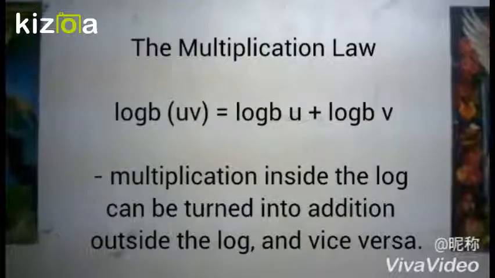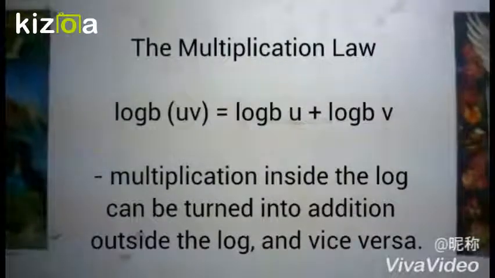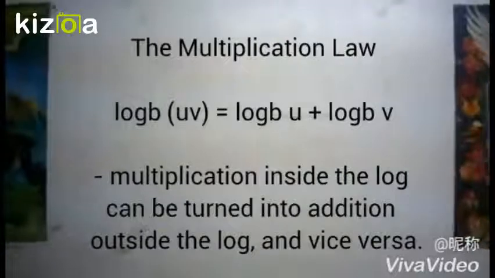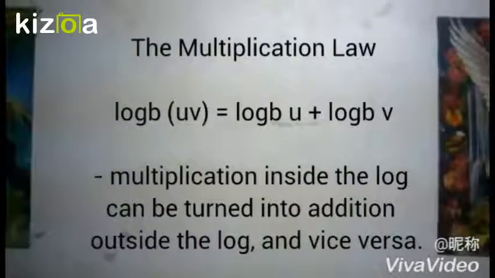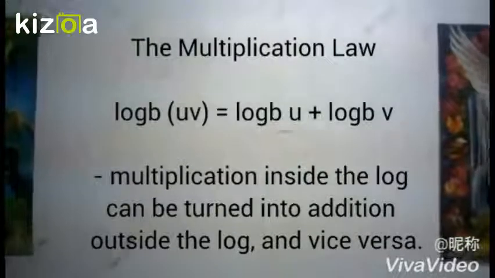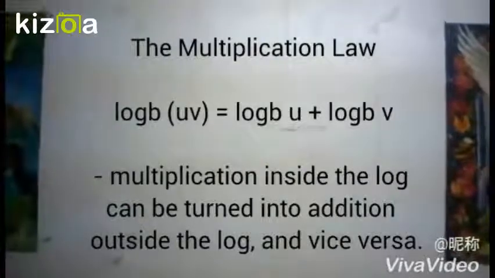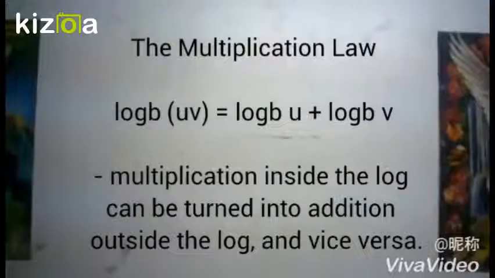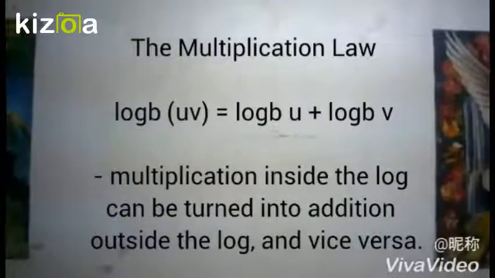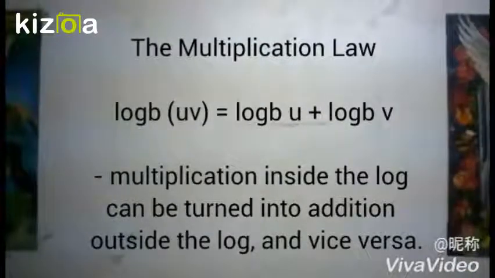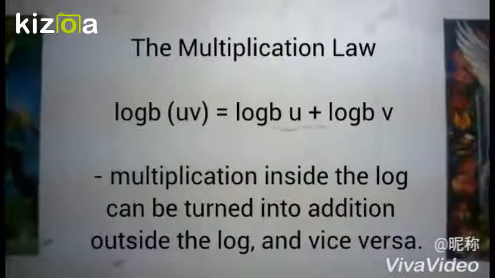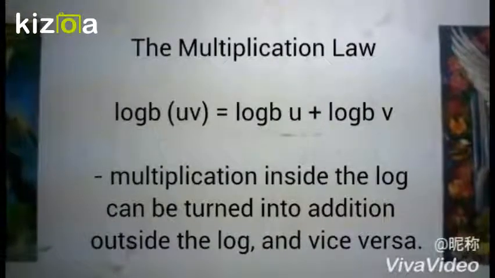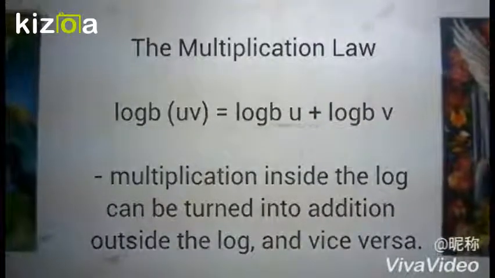It can be read as the logarithm of u multiplied by v to the base of b equals, outside the log, the logarithm of u to the base of b plus the logarithm of v to the base of b. Multiplication inside the log can be turned into addition outside the log, and vice versa.